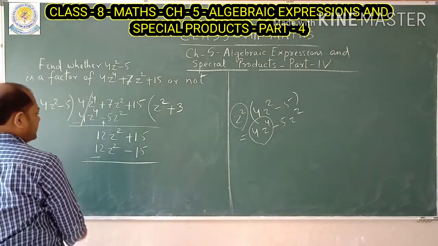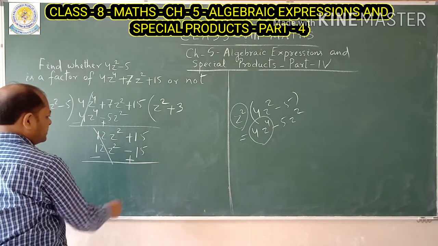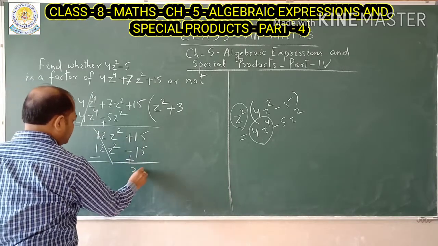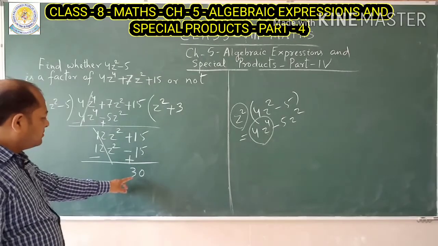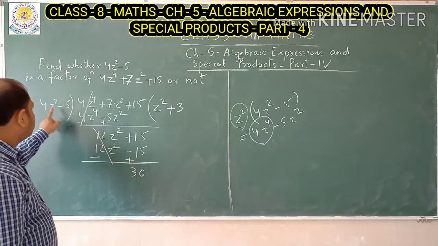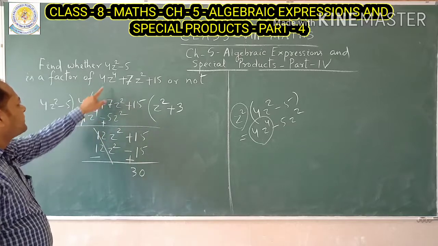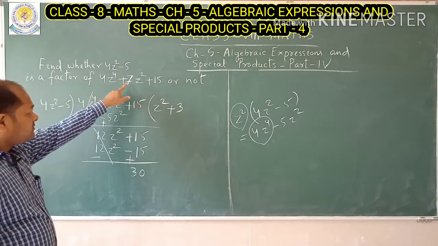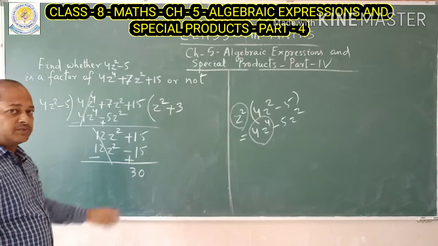So minus, this is minus sign, but this will be plus sign, and 12z square, this is cancelled, but 15 plus 15 will be 30. So what we got here? Here the remainder is not 0. So it proves that 4z square minus 5 is not a factor of this term, that is 4z to the power 4 plus 7z square plus 15, because the remainder is not 0. Okay.